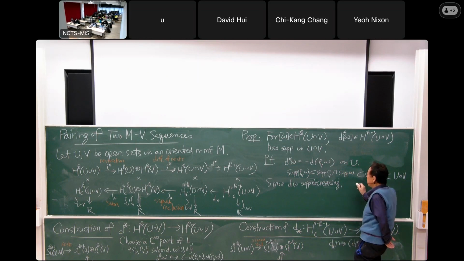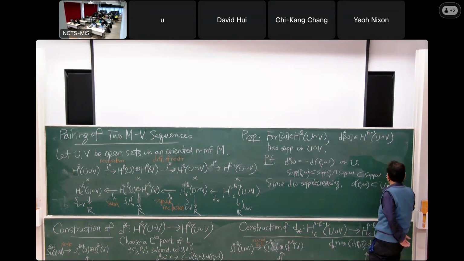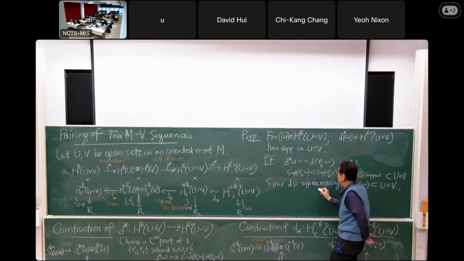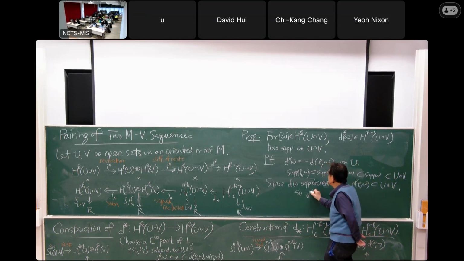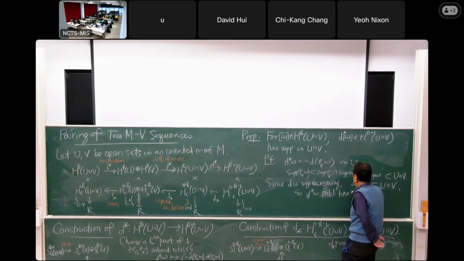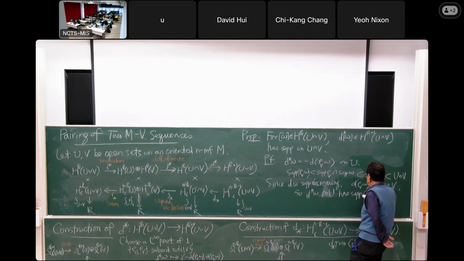So d rho_V omega also has support in the intersection. Therefore d star omega, when defined on U, has support in the intersection.